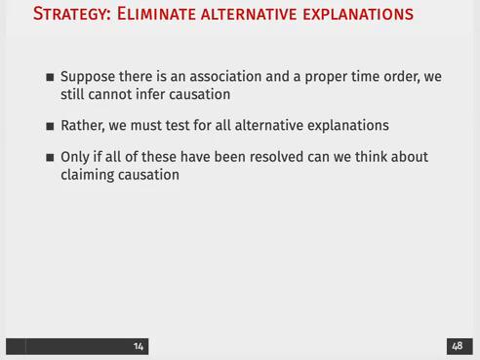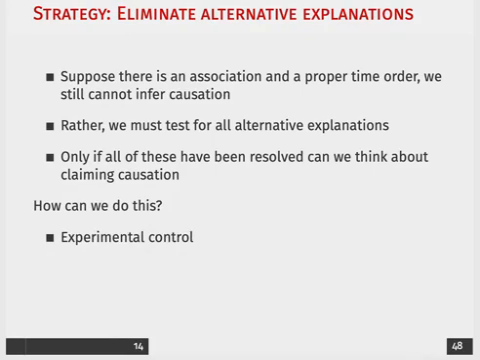So what we can do is we can try to test for alternate theories by potentially testing for other mechanisms. And if we can safely cross off those other alternative explanations for why we observe whatever relationship we observe, then we can start thinking about how to make some sort of causal statement.